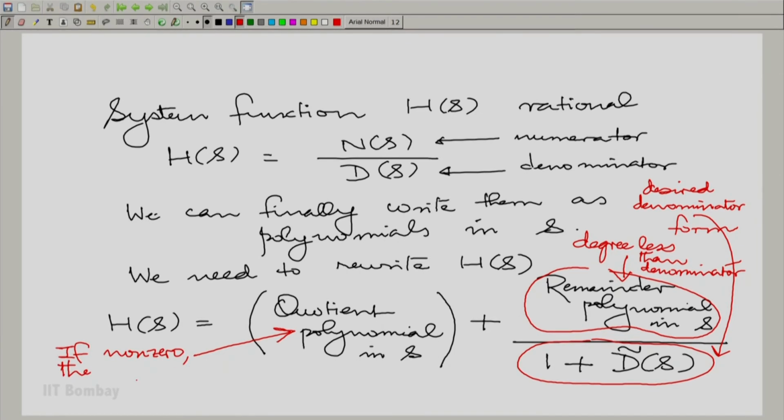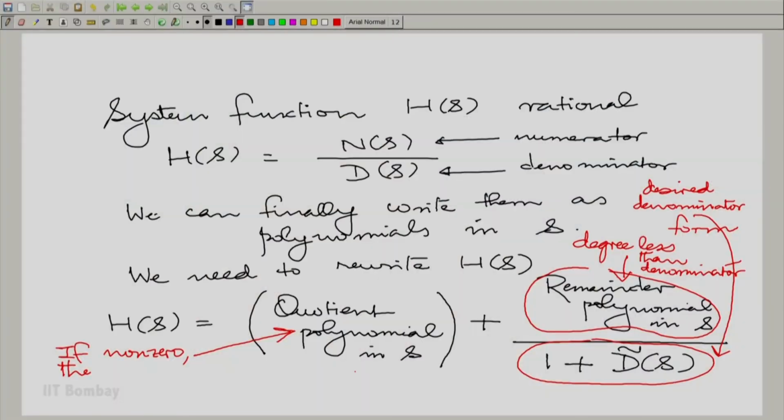So, once you do this, you look at the quotient polynomial, the moment this is non-zero. Now, again there is an issue here. If the numerator degree is greater than the denominator degree, so you have brought out terms like something times s plus something times s squared, or a polynomial of degree other than 1, other than 0, that is other than just one term. The moment you have terms like s or s squared and so on in the quotient polynomial, it means you have differentiators present.